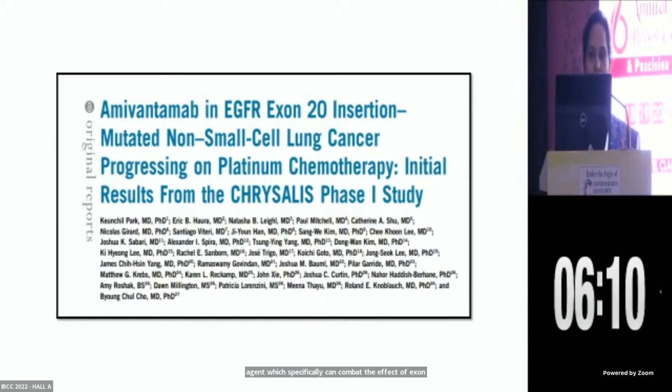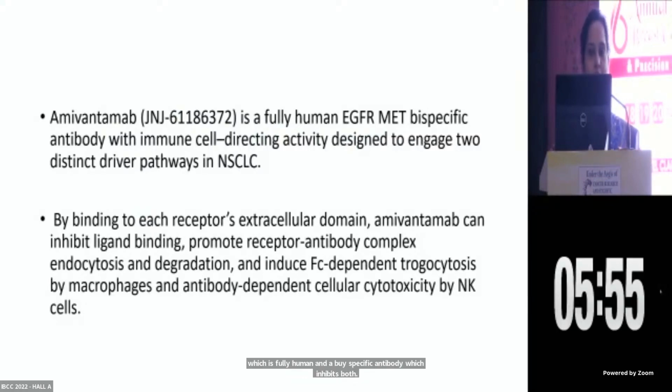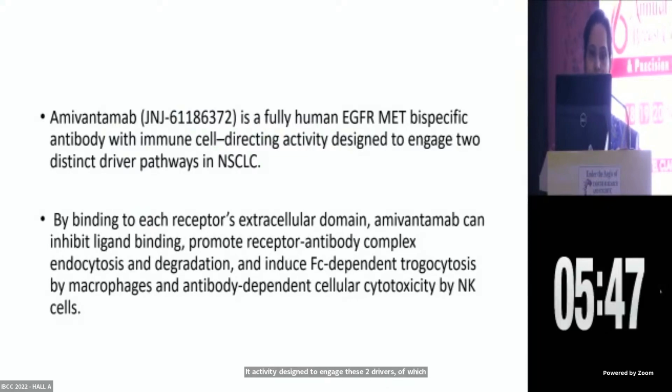Amivantamab in exon 20 insertion, the Chrysalis phase 1 study, gave a molecule which is a fully human bispecific antibody that inhibits both EGFR as well as MET, with immune cell directing activity, designed to engage these two drivers which are very specific in NSCLC.